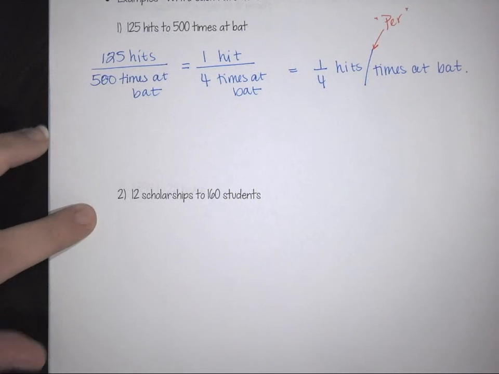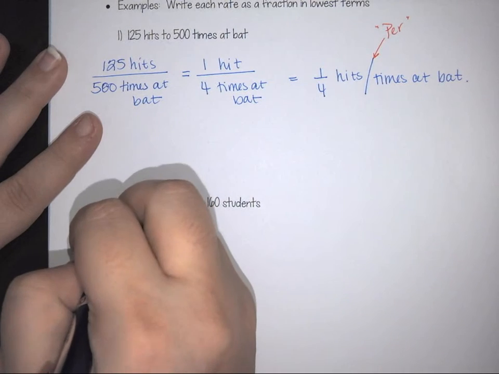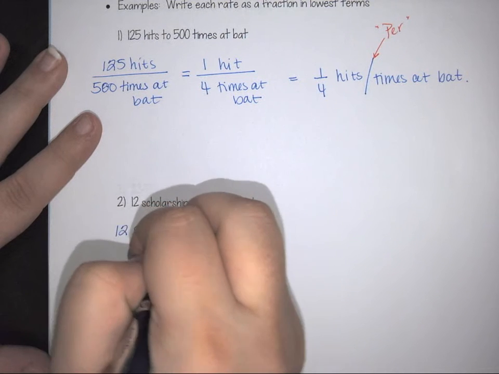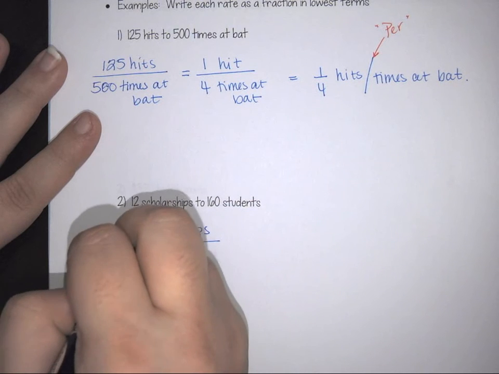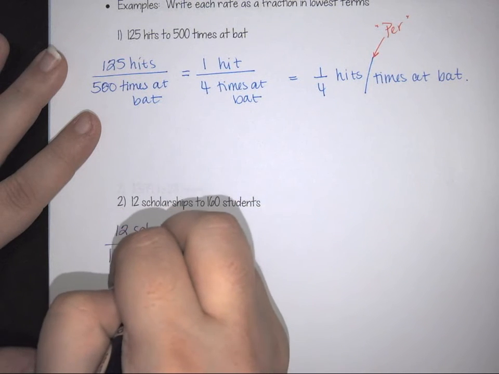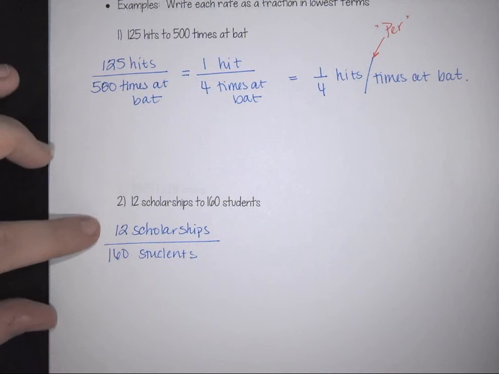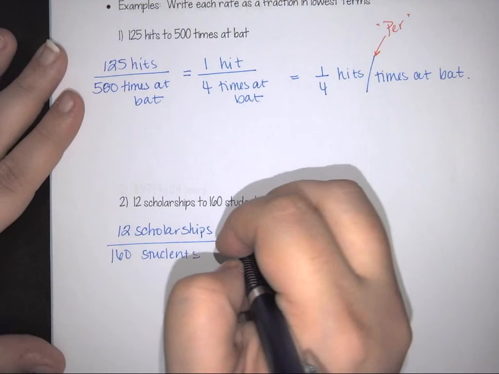Again, let's look at another one. I have 12 scholarships to 160 students. So this is 12 scholarships to 160 students. And again, all we want to do is reduce. So here I know 12 and 160 have a 4 in common.